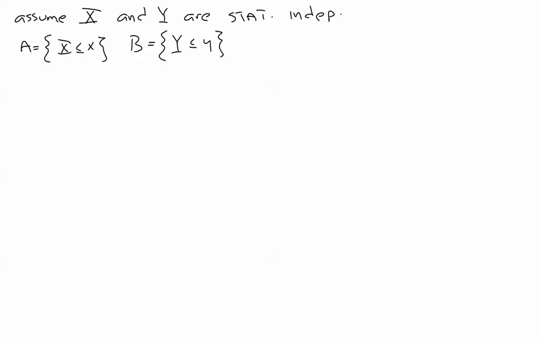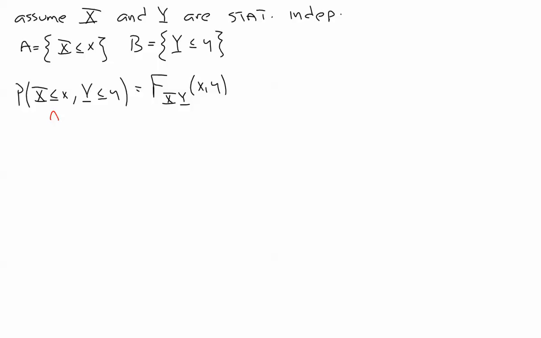All right. Well then, the probability that capital X is less than or equal to little x and capital Y is less than or equal to little y equals my joint cumulative distribution function. Let's write this down here.